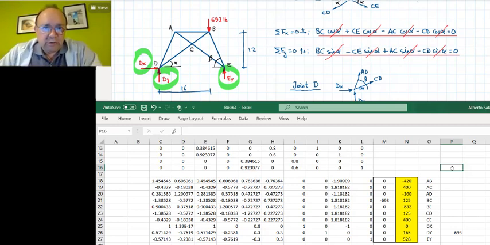So that's the way to do it with Excel in one shot. All the calculations are done by Excel. You just have to concentrate on doing nice diagrams and very organized equations like we have here, and be very careful. It's very easy to make mistakes in this method of joints because it has so many details.